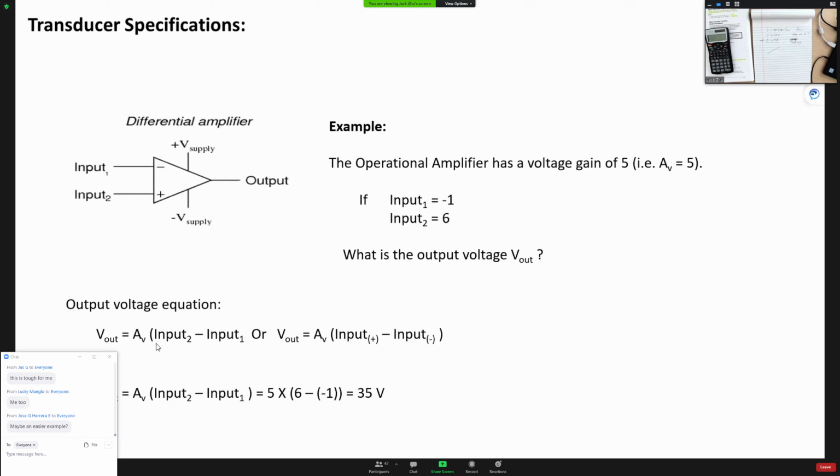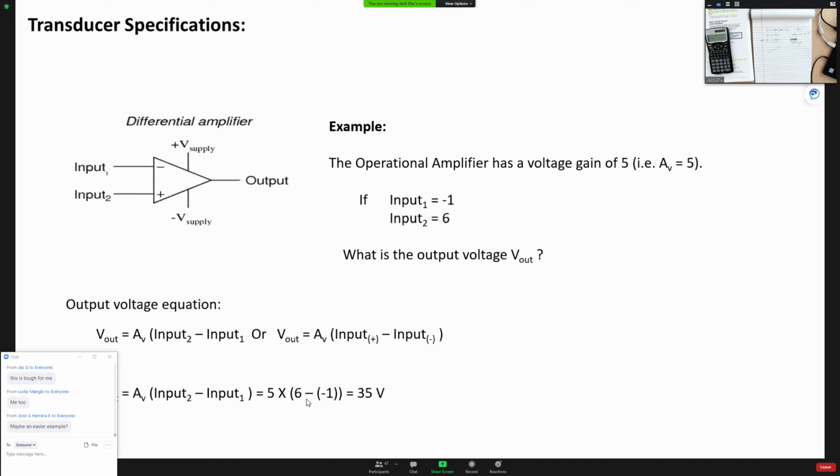So the gain times the difference between the two inputs. Because input 1 is -1, this is a negative value. So input 2 subtract input 1, 6 subtract -1, gives you 7. 5 times 7 equals 35.